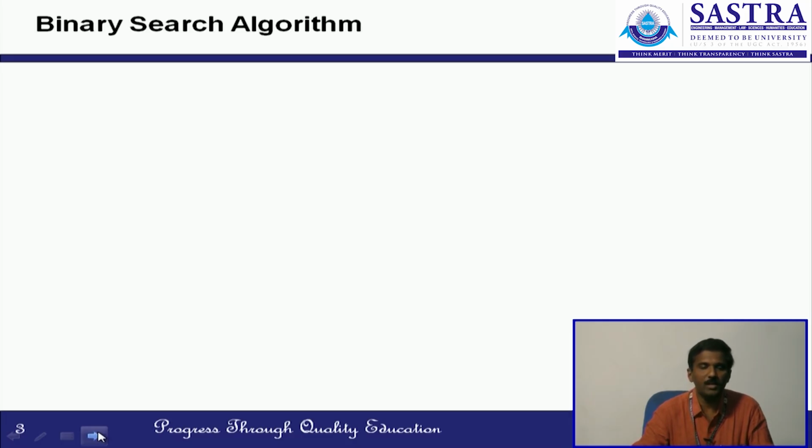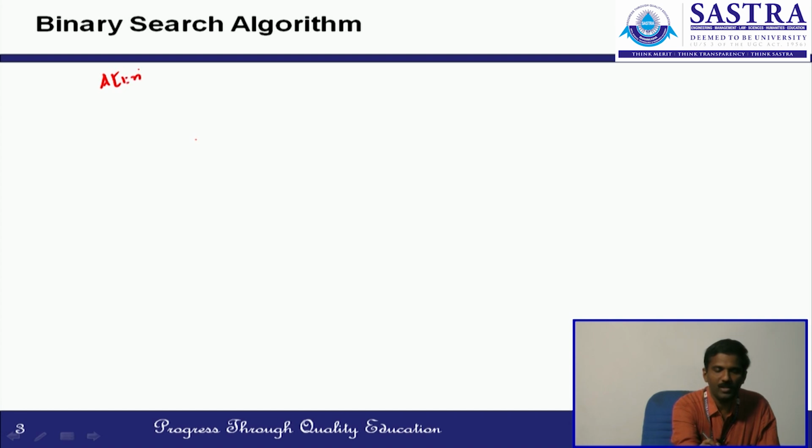The requirement of the binary search algorithm is that the input elements must be in sorted order. Suppose capital A is a one dimensional array which consists of n elements, A1, A2, A3, etc., An.